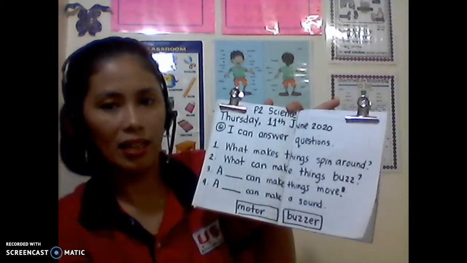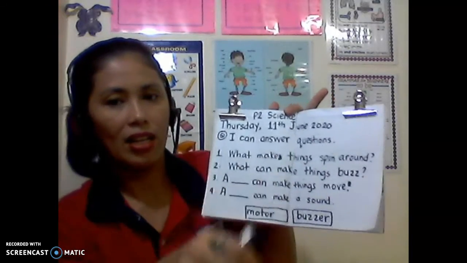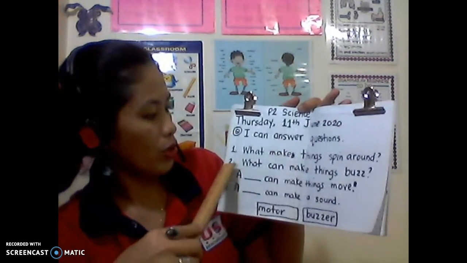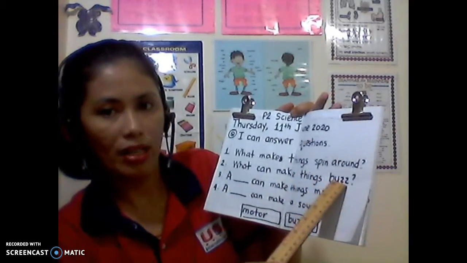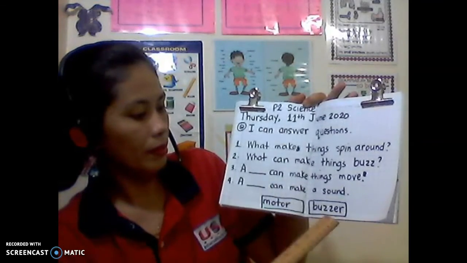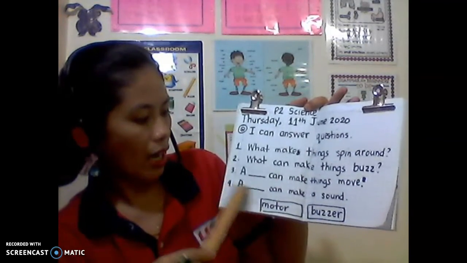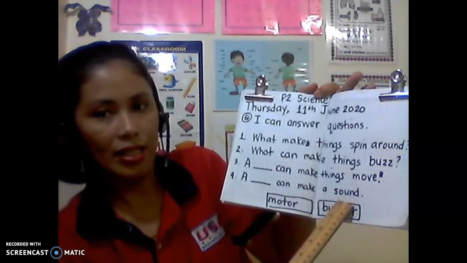What makes things spin around? And number 2, what can make things buzz? Next, a can make things move. So you choose here. A can make a sound.